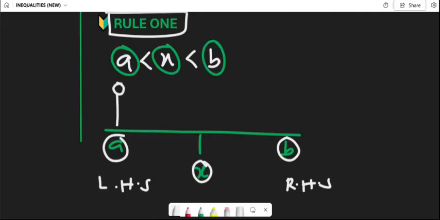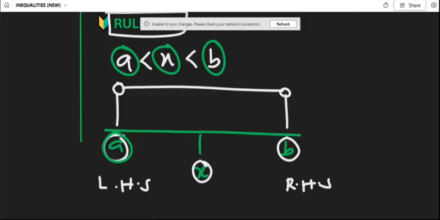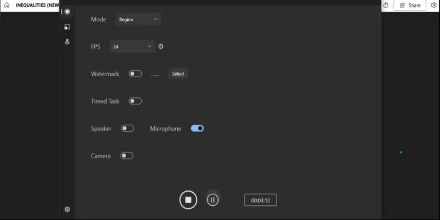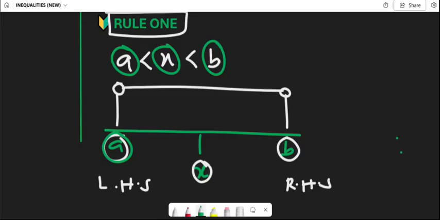Circled, then connected to this side, also circled. What does it mean? It means that my x in this case is greater than a, and my x in this case is less than b.